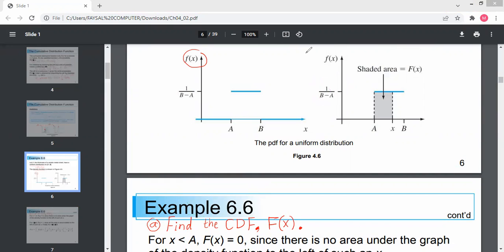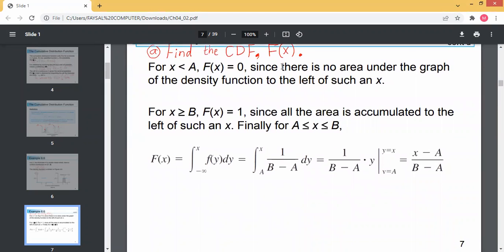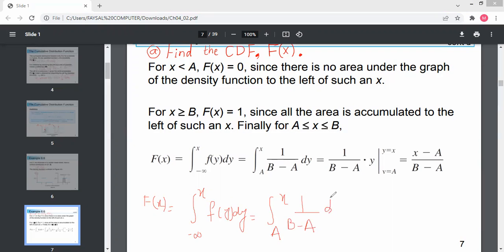So I have to put this value, so I have to write it again, sorry. It will be written as f of x, with upper limit x and lower limit negative infinity, integral of f of y dy, and now the lower limit is a, and then 1 upon b minus a dy.